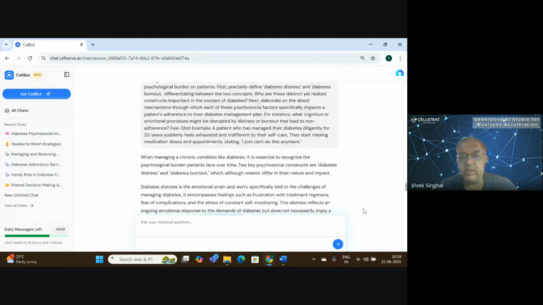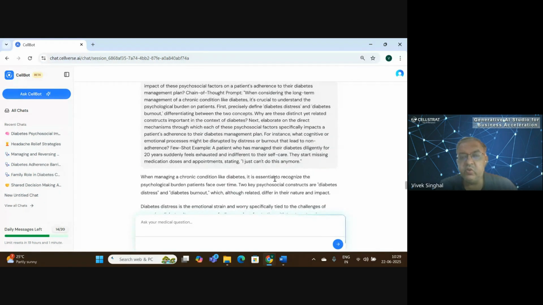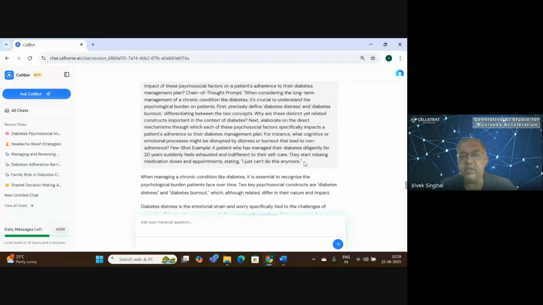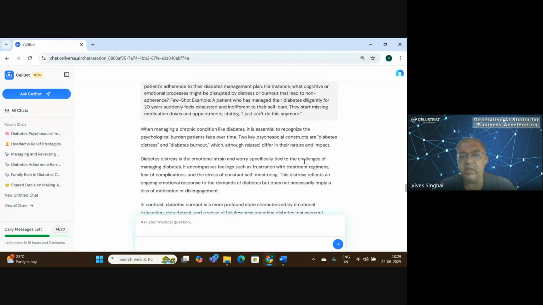Because I gave a few shot example, specifically a one shot example, there was one example given: a patient who manages their diabetes diligently for 20 years suddenly feels exhausted and indifferent to their self-care. They start missing medication doses and appointments, stating, "I just can't do this anymore," right? So the patient gives up on the diabetes management plan, diabetes management burnout. They are exhausted of following the plan.